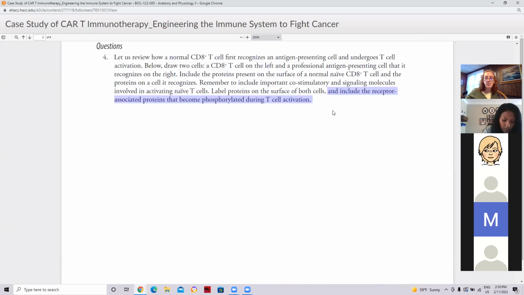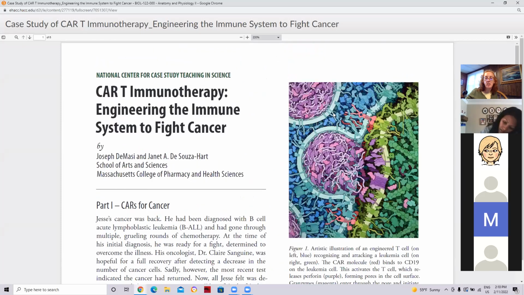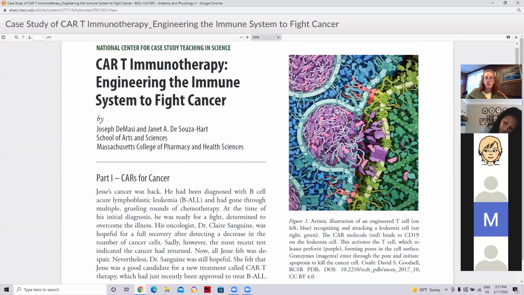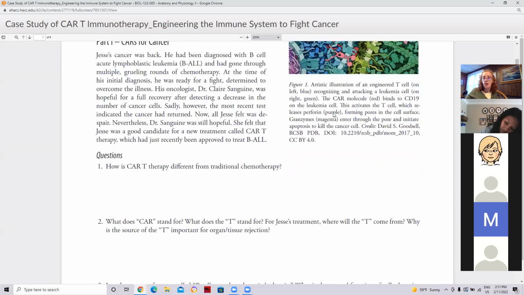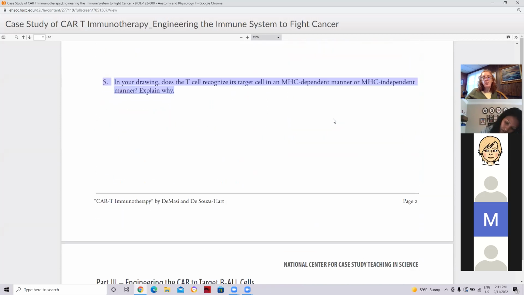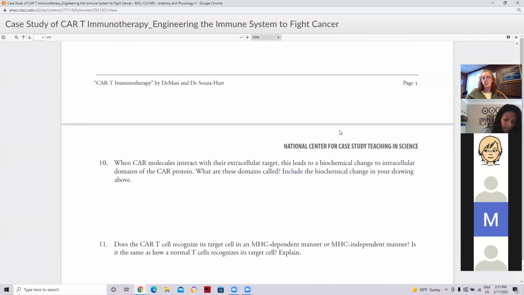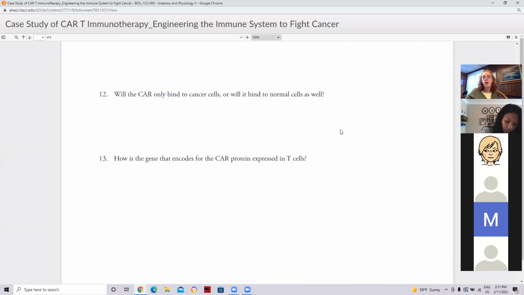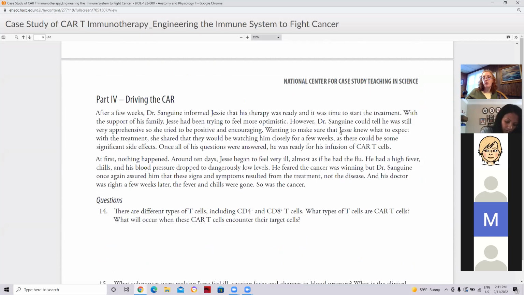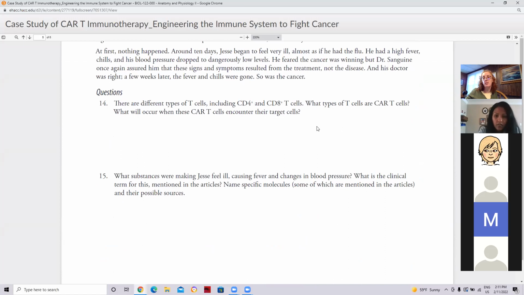Do helper T cells actually kill cells? No, you're right. So like Martin said, they actually don't kill cells. They're kind of the little coordinators and tell everybody else what to kill. So they're cytotoxic T cells, they're CD8.